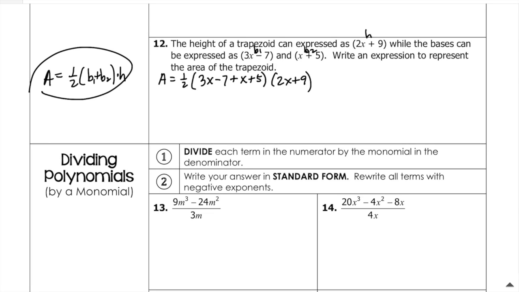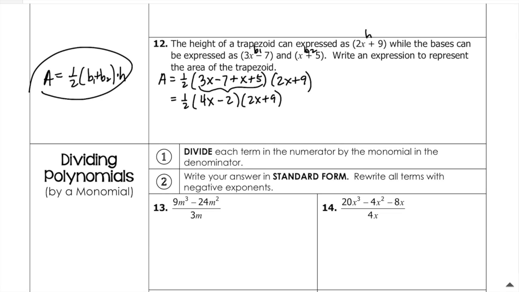All right. So first things first, let's simplify this here. So I have 1/2, 3x plus x will give me 4x. Negative 7 plus 5 will give me a negative 2. I'm going to write down this other piece.